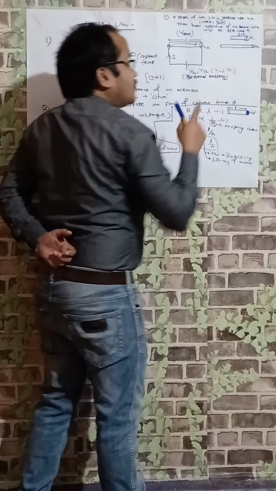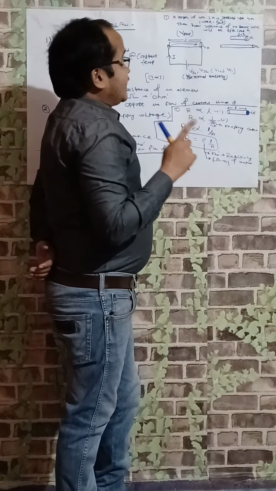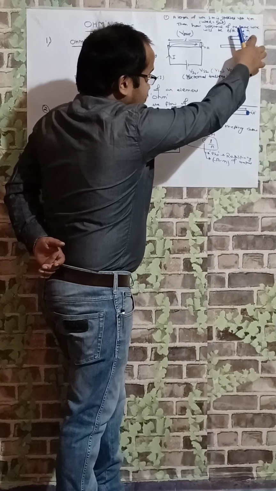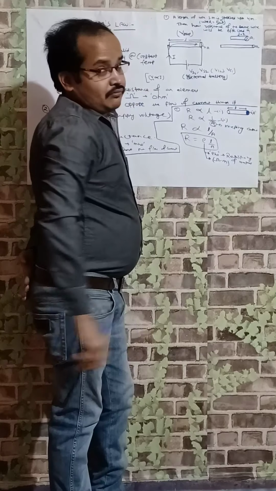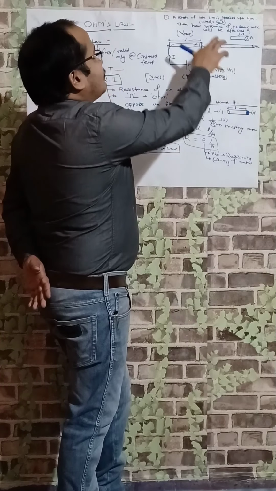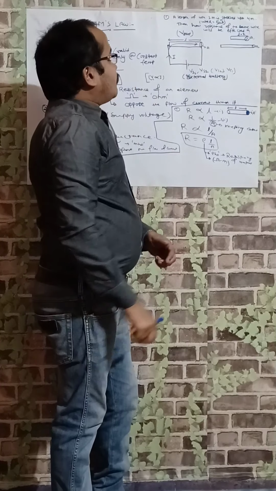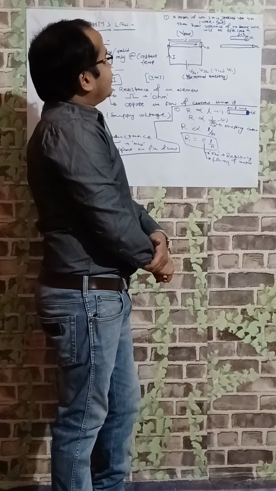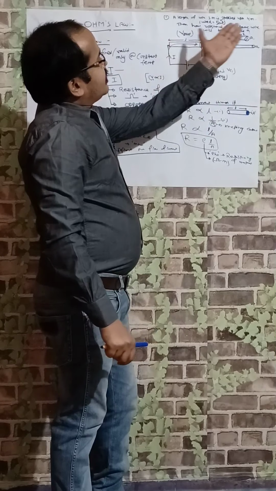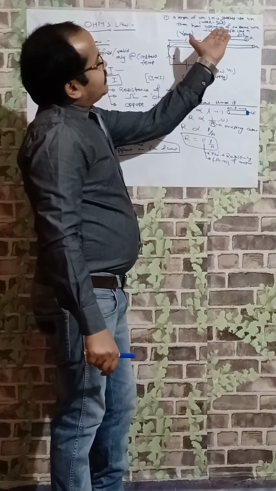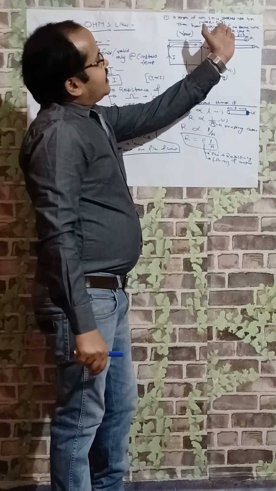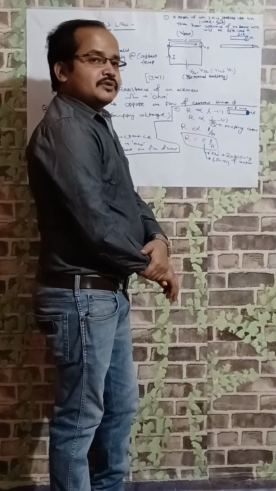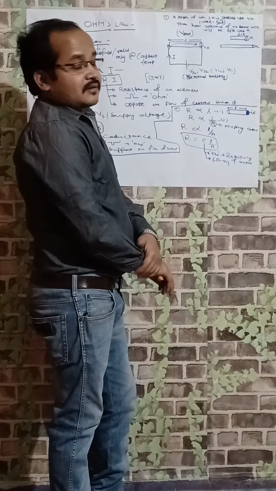So we will have to take into consideration both length and area of cross section. Some student will read the question and carelessly say, sir, as length is going to 2 times, resistance will also be 2 times. So original resistance is 50 ohm, so new resistance will be 100 ohm. No, it is absolutely wrong and you will get 0 marks.